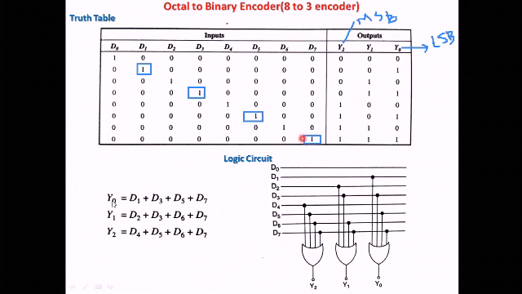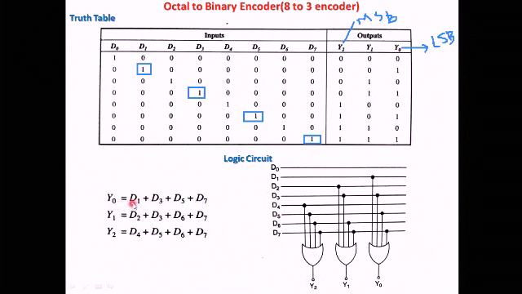So you can write the equation like this: Y0 is equal to D1 plus D3 plus D5 plus D7. I hope this is clear to all of you.